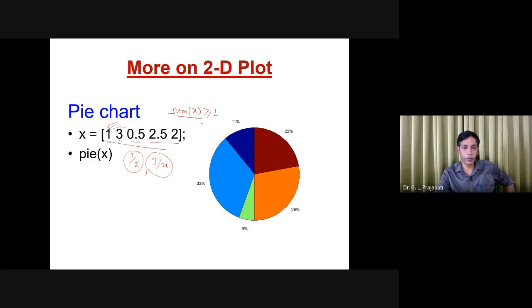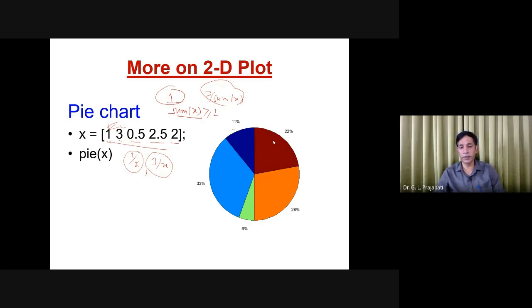If it is greater than 1, then you have to go for the normalization: 1 by sum of x, then 3 by sum of x, like this, and accordingly you will have the area. And if the sum is less than 1, then some part may be vacant. It may not be the complete circle. So this is the simple pie chart.